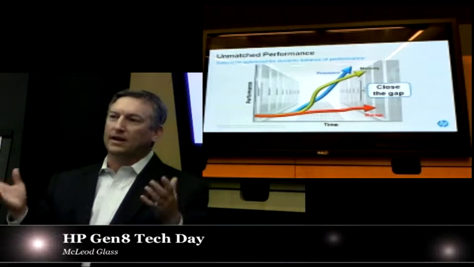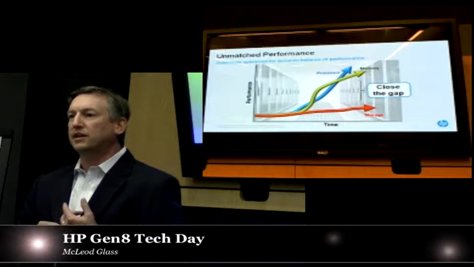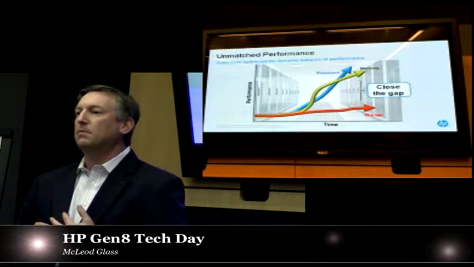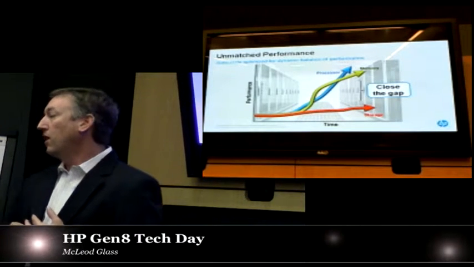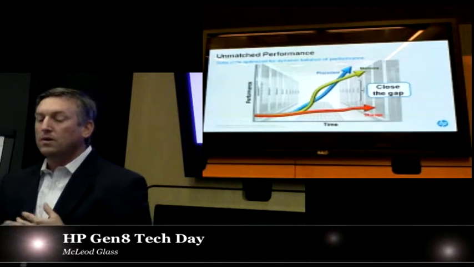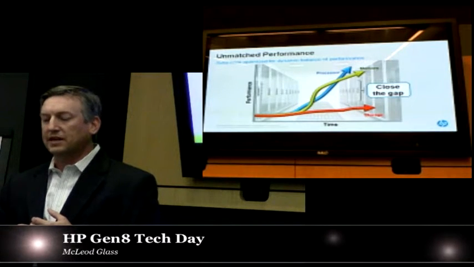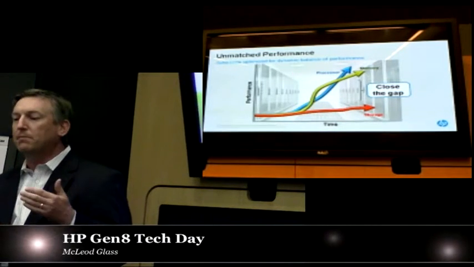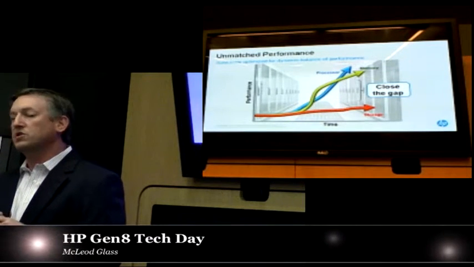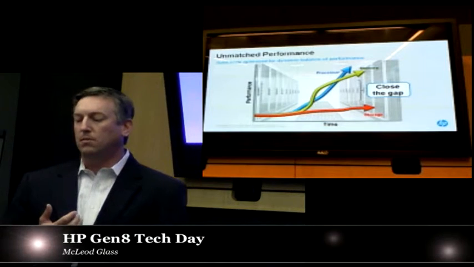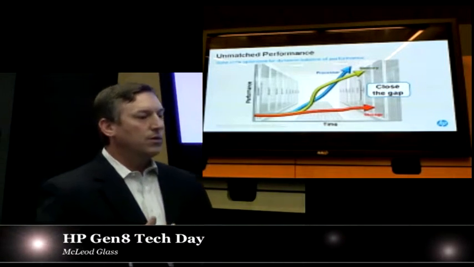Together, that combination drove a 75% reduction in overall space and an 88% reduction in the energy consumed. So big savings from the solid state optimizations, and a big part of helping us close that gap and increase the overall performance of the storage within that subsystem.